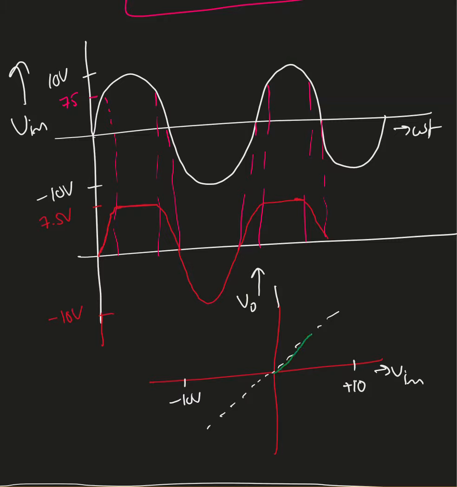So up to 7.5, my V output and V input are the same. Let me take this as 7.5. It's not to scale, but you can see it. After 7.5, my output is constant. In the negative half cycle, V output is same as input. So this green line is the transfer characteristic. I need you to see those two values.